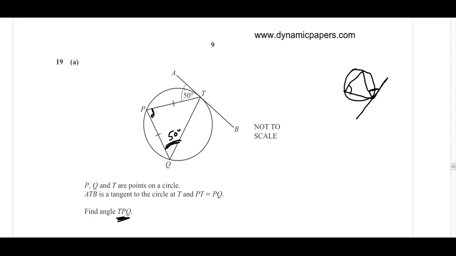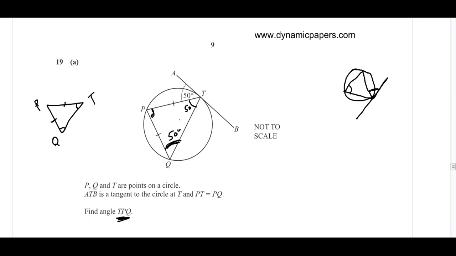As this chord is making 50 here, this will be 50. And this triangle PQT, it's shown that these sides are equal. If these sides are equal, it means it is an isosceles triangle. If it is an isosceles triangle, this angle and this angle will definitely be equal. So if this is 50, this will also be 50.